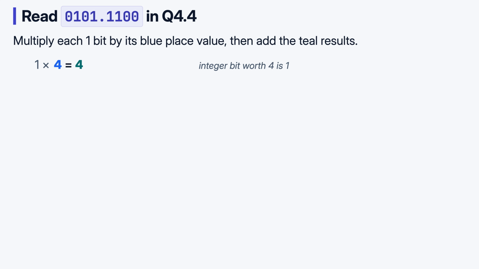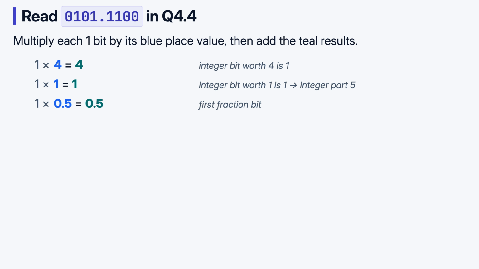Let us read the pattern 0101.1100 in Q4.4. The method is the same weighted sum you already know, carried across the point. On the integer side, the bit worth 4 is 1, so it contributes 4. The bit worth 1 is also 1, contributing 1, so the integer part is 5. Now cross the point.